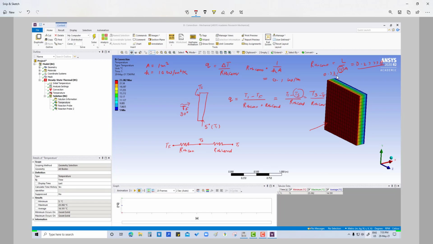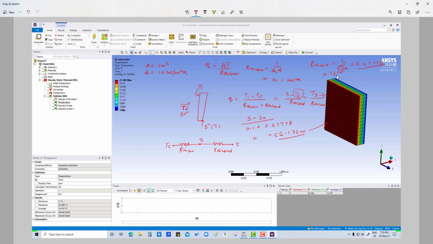Now we are going to put all the details in this equation, that is 5 minus 30 upon convection 0.1 plus resistance for conduction, that is 0.27778. After solving, we will get minus 66.176 watt. So the same thing we have got in the analysis.